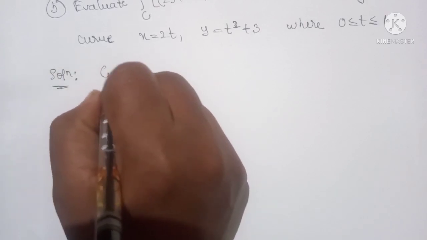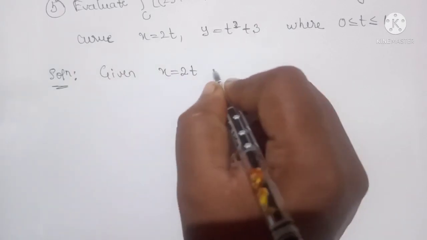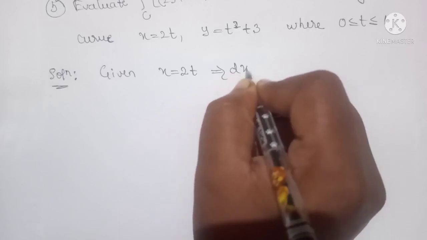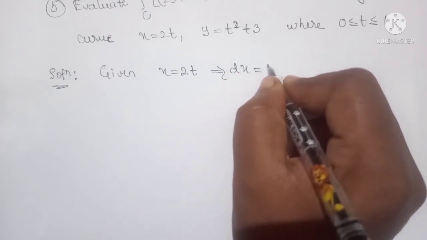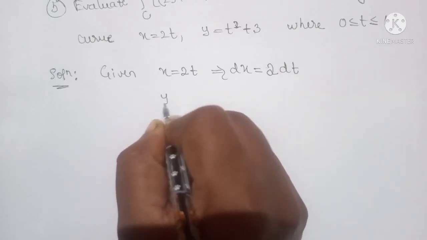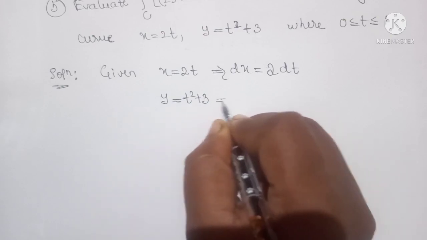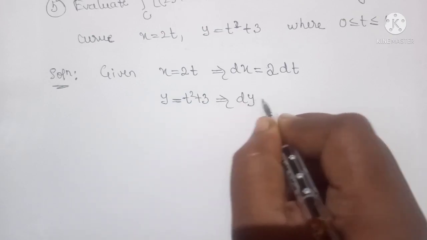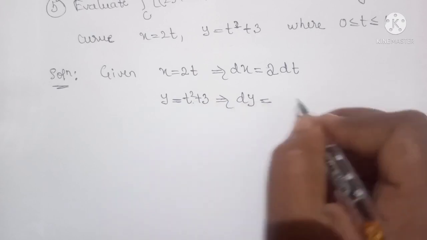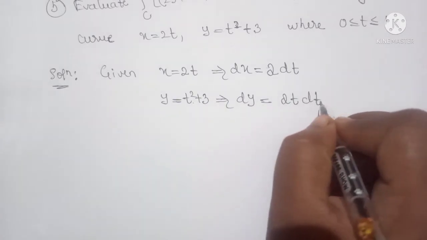given that x equals 2t, so differentiating this, we get dx equals 2 dt, and y is given by t square plus 3. Differentiating this, we get dy equals 2t plus 0, therefore it is 2t dt.